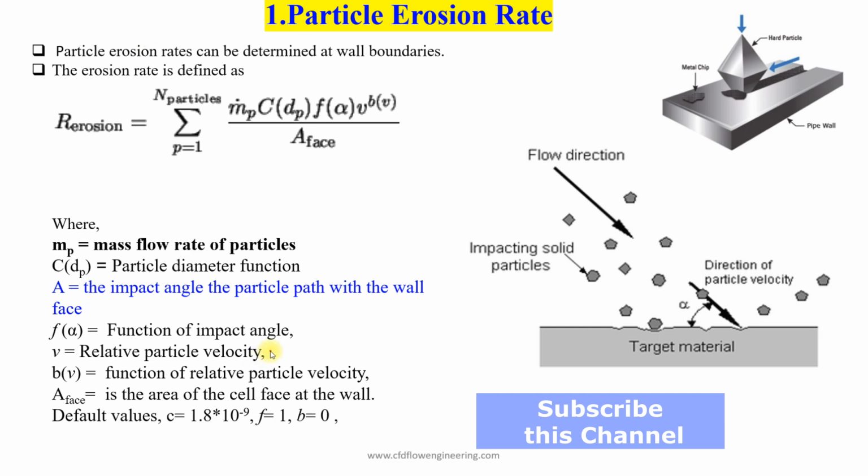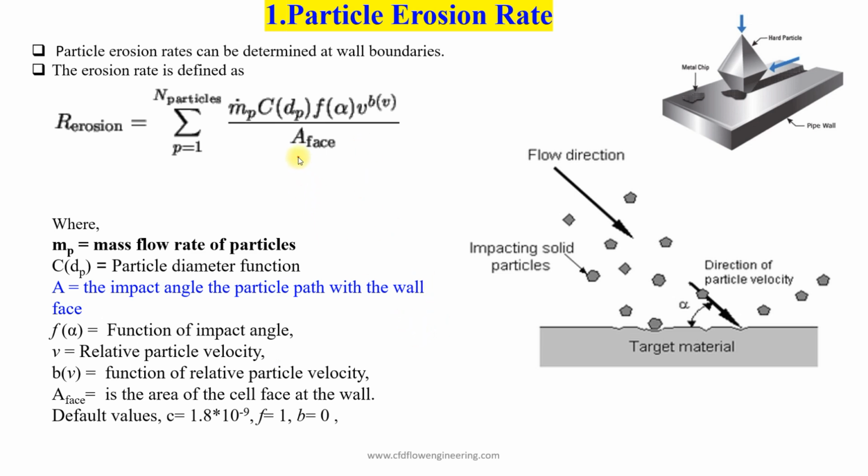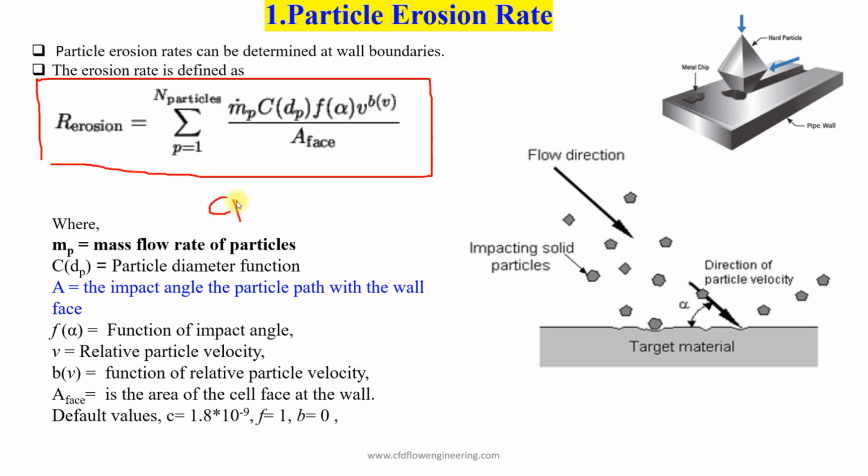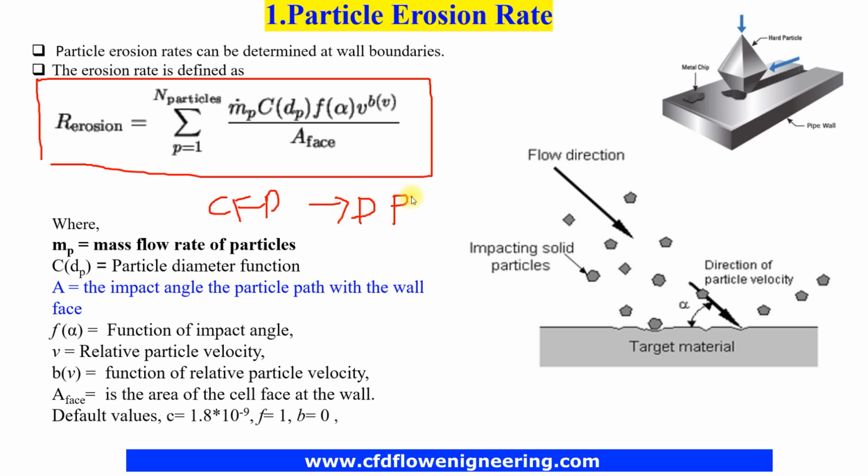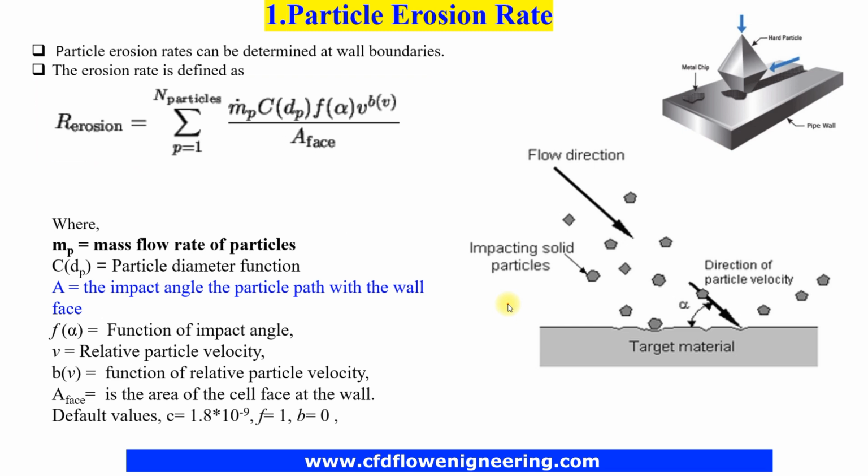The erosion rate also depends on the relative particle velocity and surface area of target material. And this equation is solved in the CFD solver coupled with the DPM model that we will learn at the end of this tutorial.